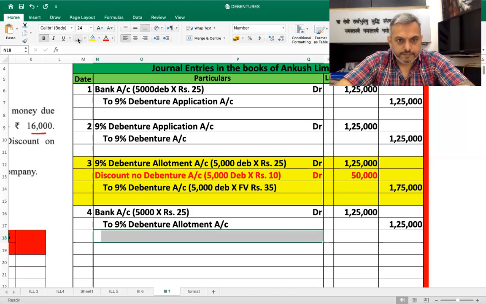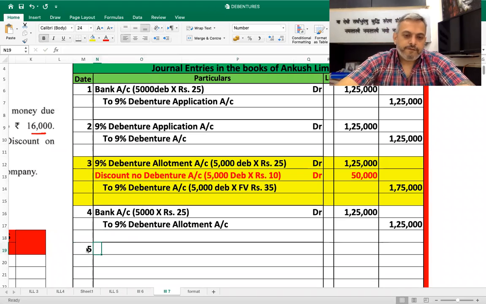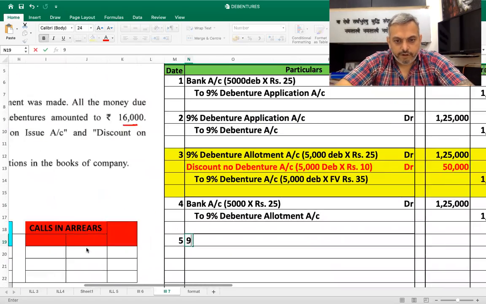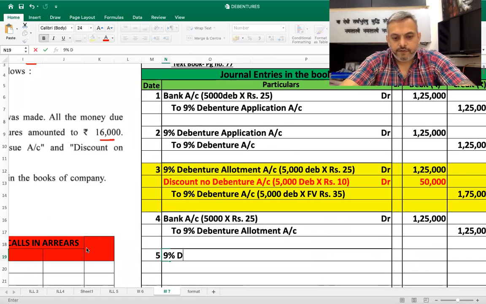Close it. Fifth, we call now final call 40 rupees. So 9% debenture final call account.